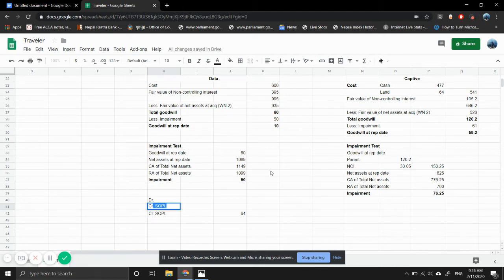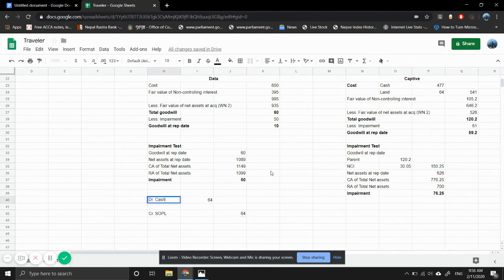And then that thing was not done. All they did was debit cash. So this was the entry they had done: debit 64 and credit SOPL. Since this has already been added in SOPL, that figure will flow down to retained earnings.